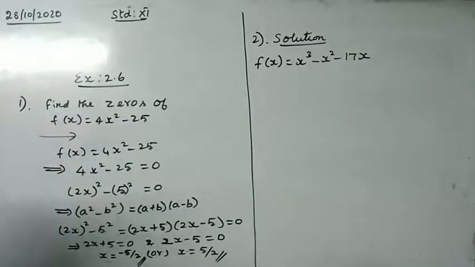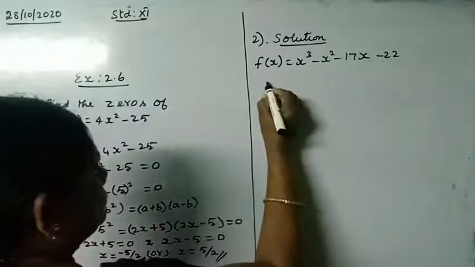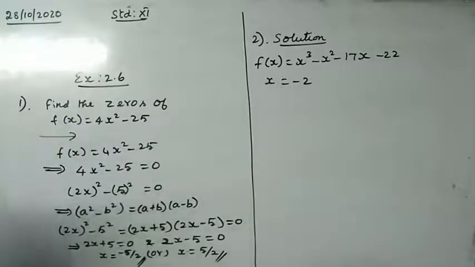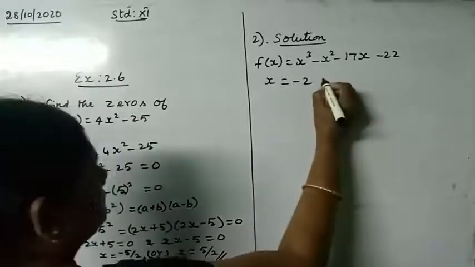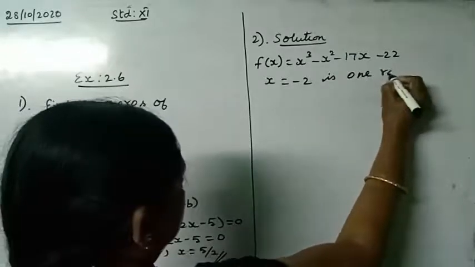Bring this 22 to this side, it becomes minus 22. x is equal to minus 2 is one root of the equation.